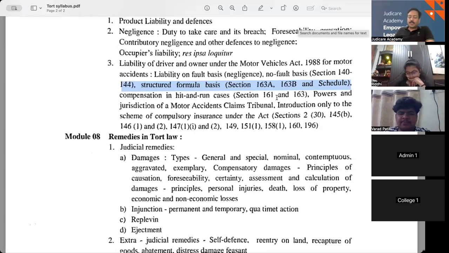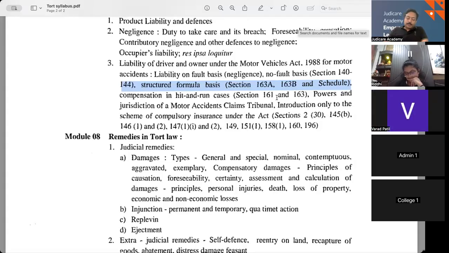defines the terms associated with motor vehicle insurance, ensuring clarity in the interpretation of policy complexities. So let's read the wordings of section 230 first.